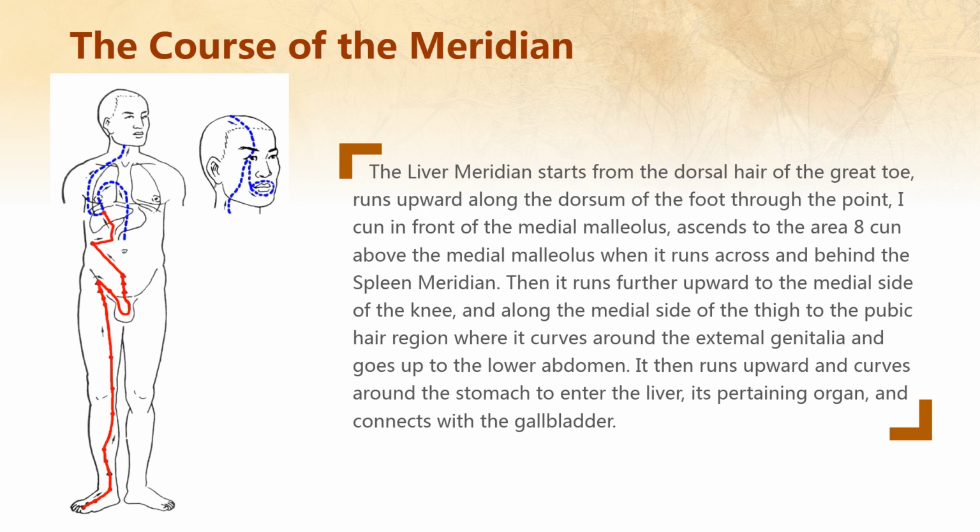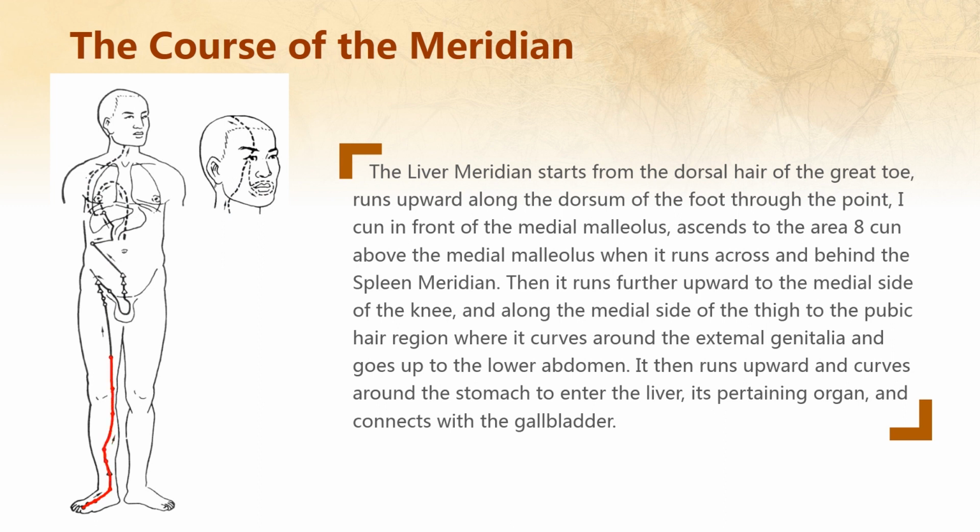Then it runs further upward to the medial side of the knee and along the medial side of the thigh to the pubic hair region, where it curves around the external genitalia and goes up to the lower abdomen.